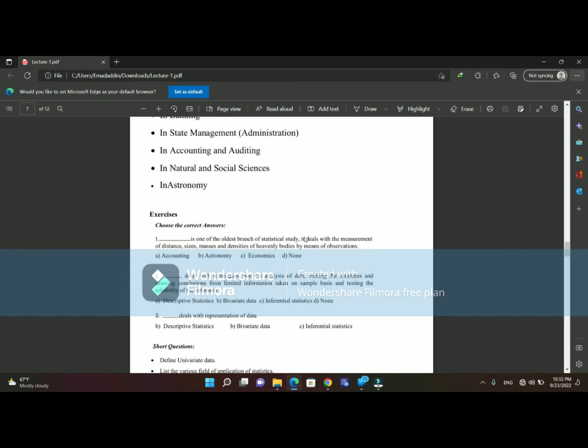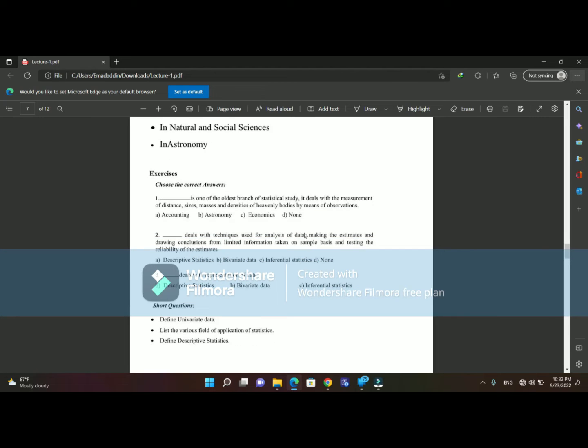We have to answer the examples which we are having. The first one: dash is one of the oldest branches of statistical study.